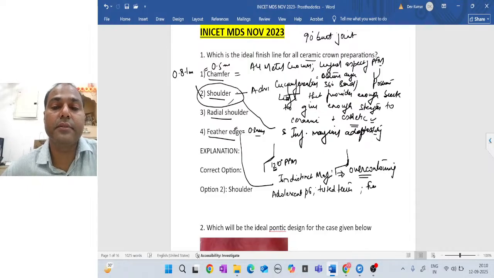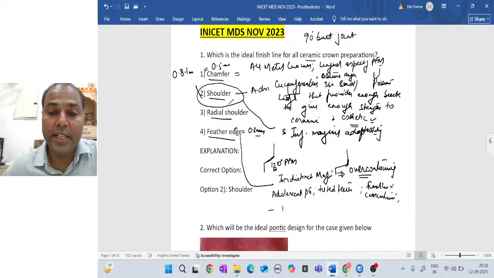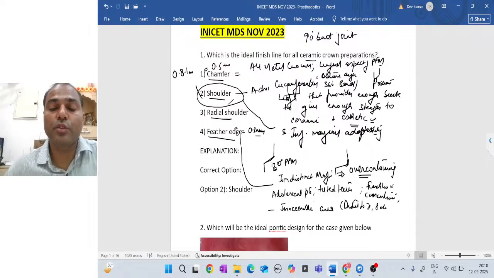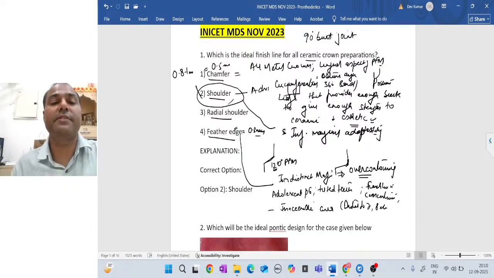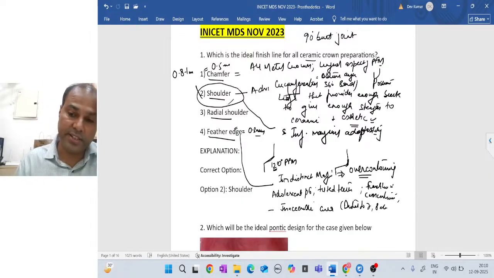Finish line in cementum, we do not want to prepare more on cementum, and where there are inaccessible areas, for example distal to 7, 8 etc. Where you cannot see, where accessibility is less, there we can go ahead with the feather edge margin. I hope it is clear.